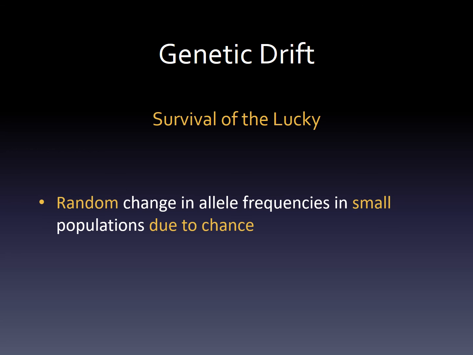So once the flood waters recede, the island is vacant for habitation again, and it's the survivors that populate the next generation. Well, if they all happen to have some weird genetic polymorphism, now the island is filled with individuals that have that polymorphism, just because so many individuals got wiped out by the flood.